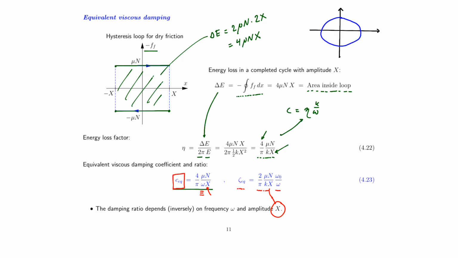It's maybe worth noting that, as we've already mentioned, I'm just drawing a viscous elliptic loop, that of course the equivalent viscous parameter is the same as having the same area underneath the curve, of course assuming that we have the same amplitude. Now, if the area within the hysteresis curve should be the same and x is the same, then of course the friction model should not reach the same damping value.